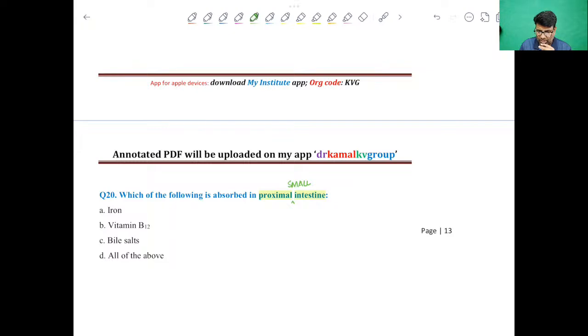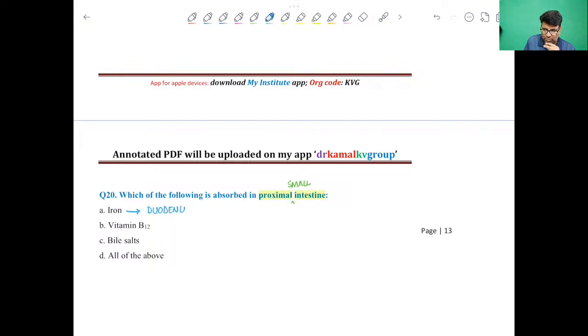The next question, which of the following is absorbed in proximal small intestine? Now here, iron is absorbed in, yes, absolutely Zaim, you are absolutely right.